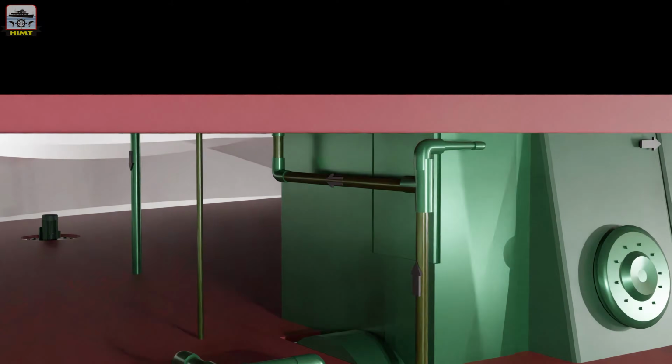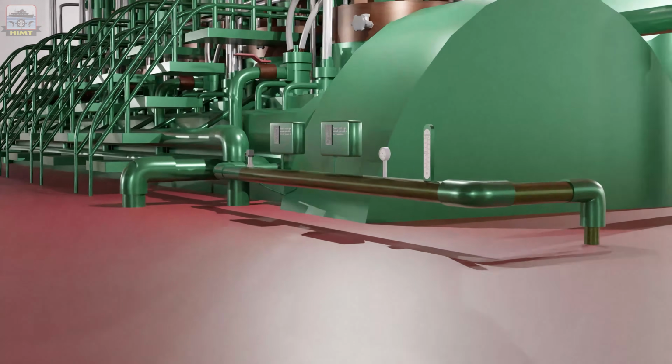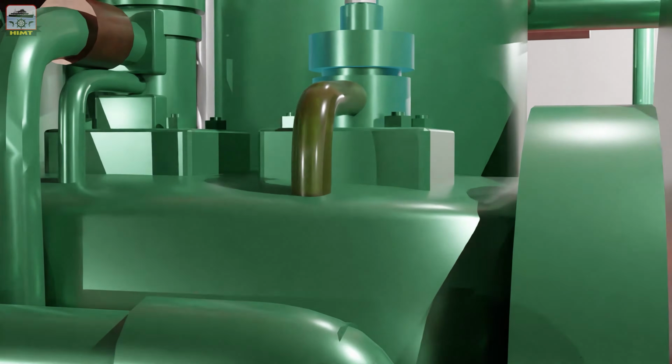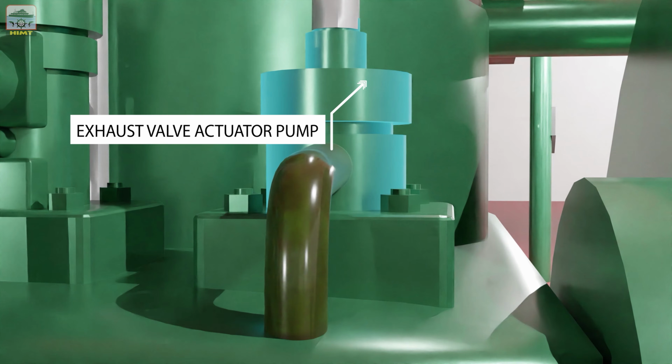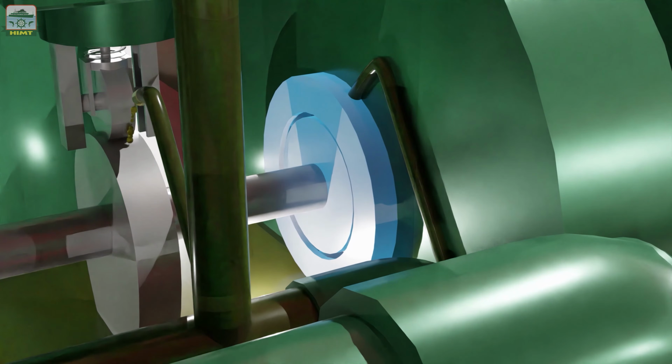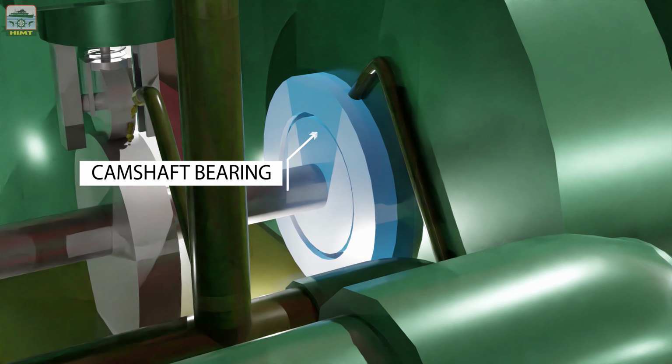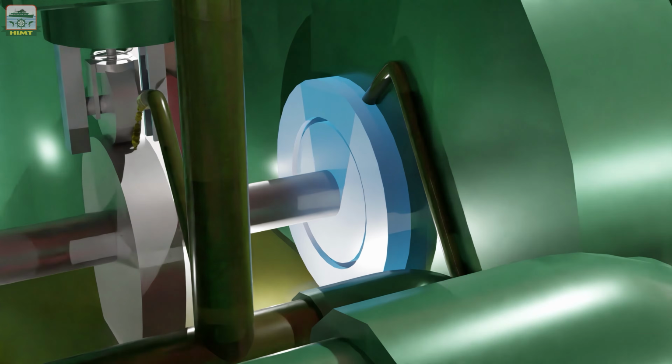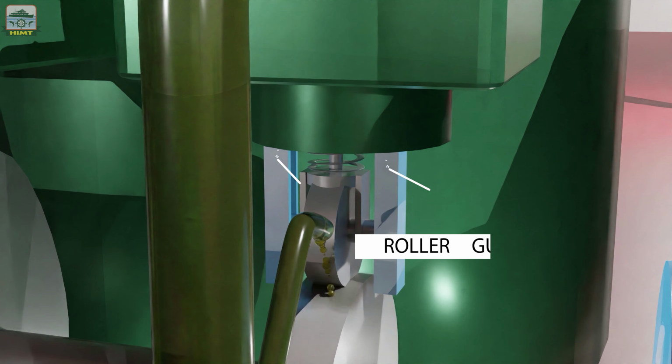It enters the manifold. The manifold supplies oil to exhaust valve actuator pump, camshaft bearings, roller guides.